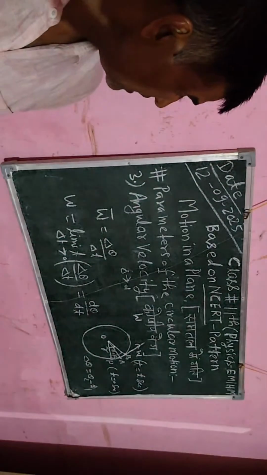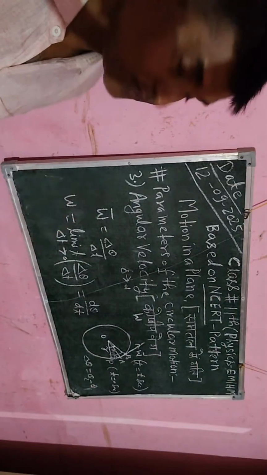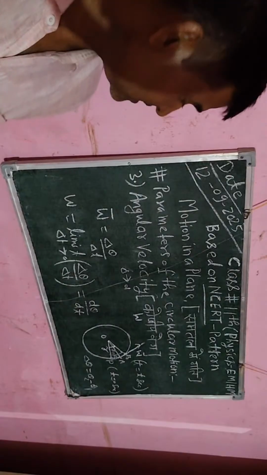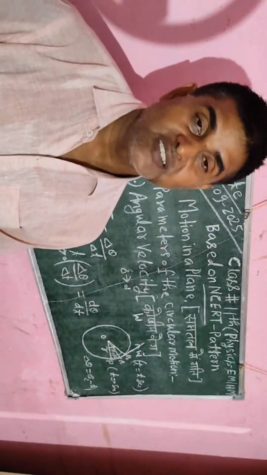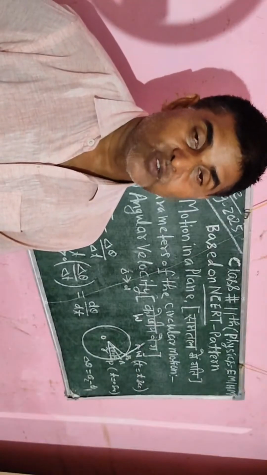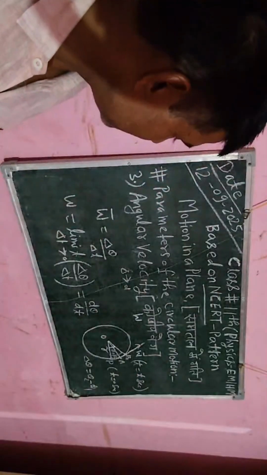Okay students, now after explaining this concept, I will explain the next information, that is the relationship between angular velocity and linear velocity. All of this information I will explain here.